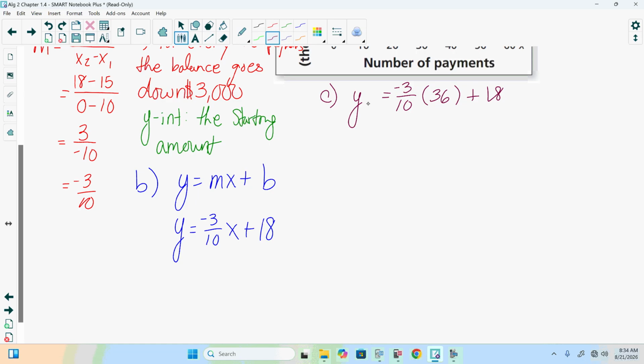That's kind of nice to know. Not so much on my test, but especially on the ACT, they ask something like this: given the equation, after 36 payments, how much would be owed? They have 4 answer choices, yes? So I'm looking for one that would be between 6,000 and 9,000. 36 is closer to 40 payments than it is to 30 payments, right?